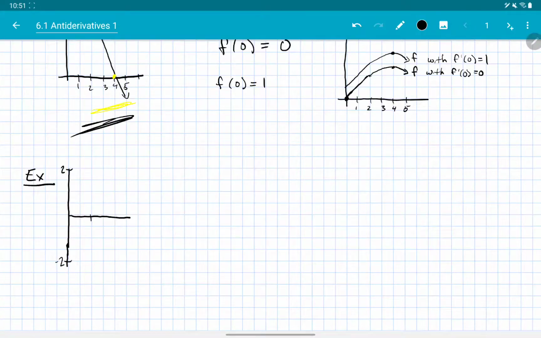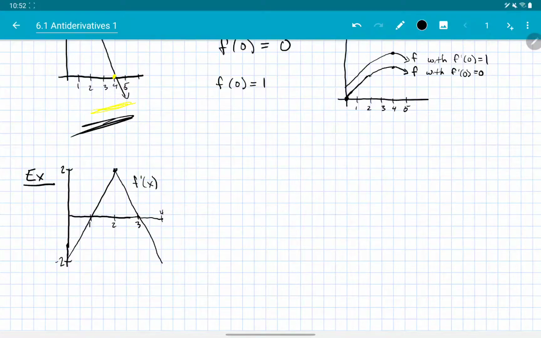We'll go 1, 2, 3. We are going to be a straight line going from here to here. And then we want a straight line that goes down to there. So this is my function f prime. So that's the derivative.